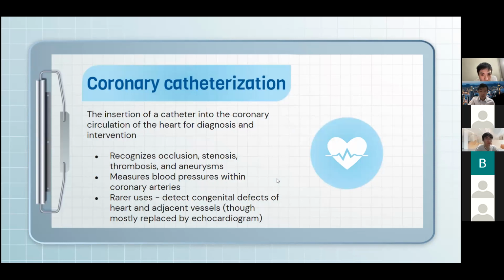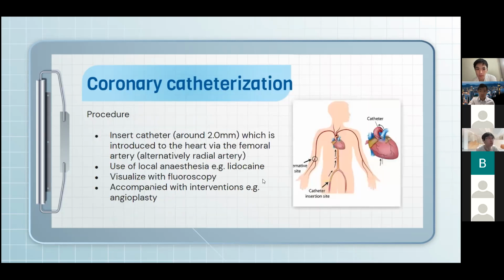We can also use the catheters themselves to measure the blood pressures within the coronary arteries to determine whether the pressure is too high, such that a cardiovascular accident will happen. Of course, there are also rarer uses, such as detection of congenital defects of the heart, as well as adjacent vessels, though that has mostly been replaced by echocardiogram, since that is non-invasive compared to coronary catheterization.